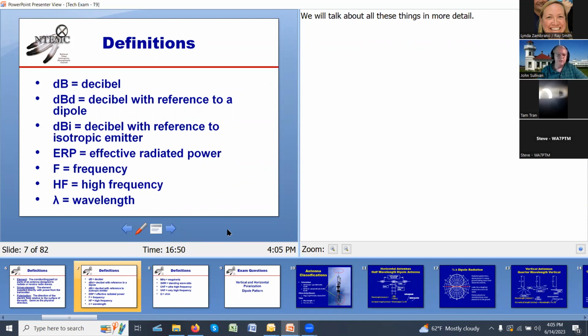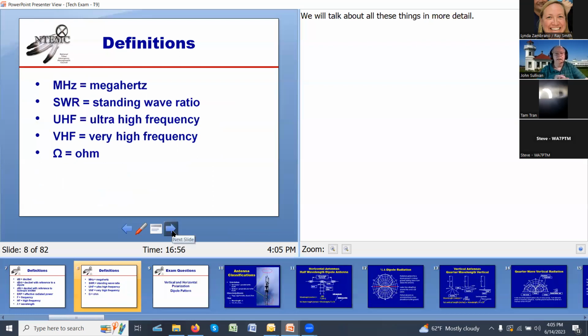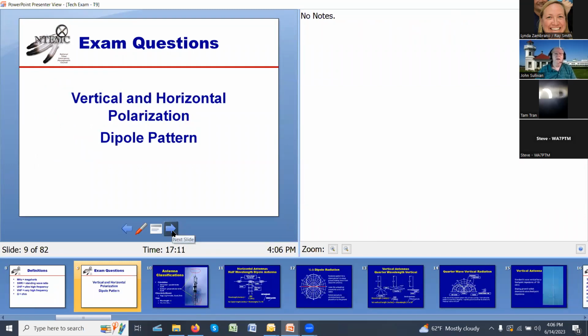HF is high frequency. The Greek letter lambda is used for wavelength. MHz for megahertz, SWR for standing wave ratio, and of course UHF and VHF we're already familiar with, as well as the Greek letter omega for ohms.